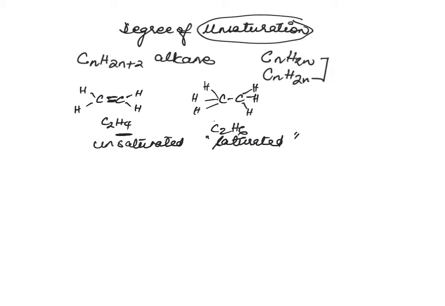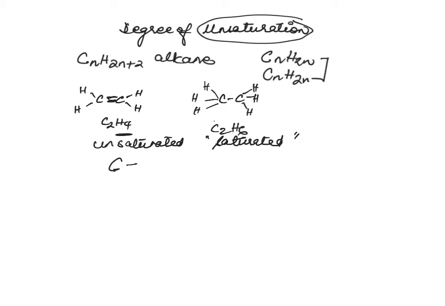So in general, one could say that the rings and double bonds in a molecule correspond to the loss of 2 hydrogens from the alkane formula. If you recognize this relationship, then you can work backwards from the molecular formula to calculate the degree of unsaturation. We used that left, right, and center when we talked about NMR.